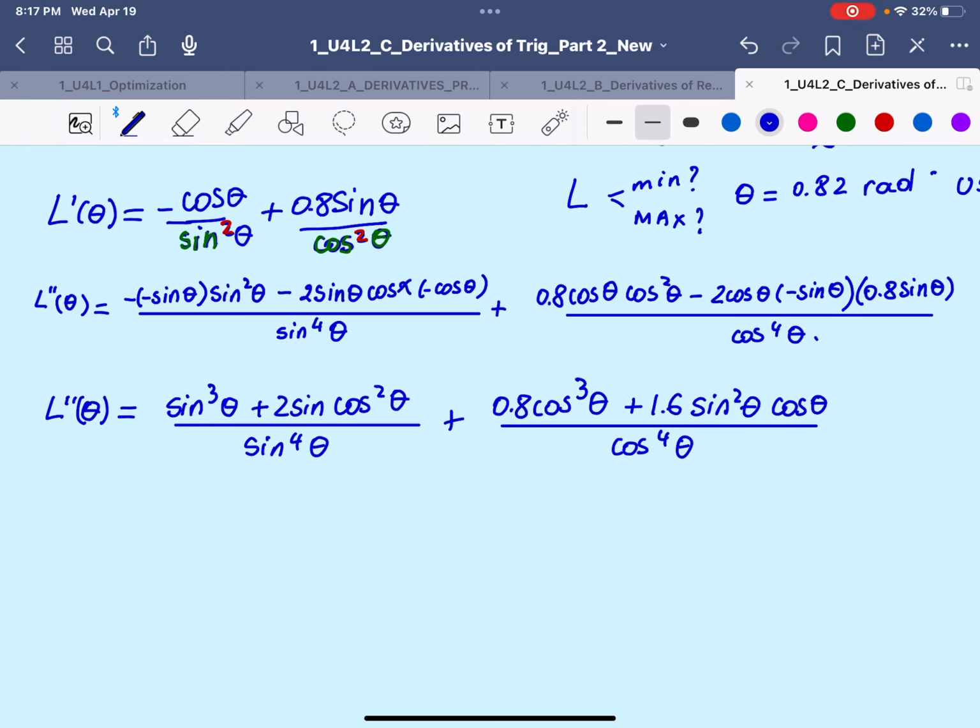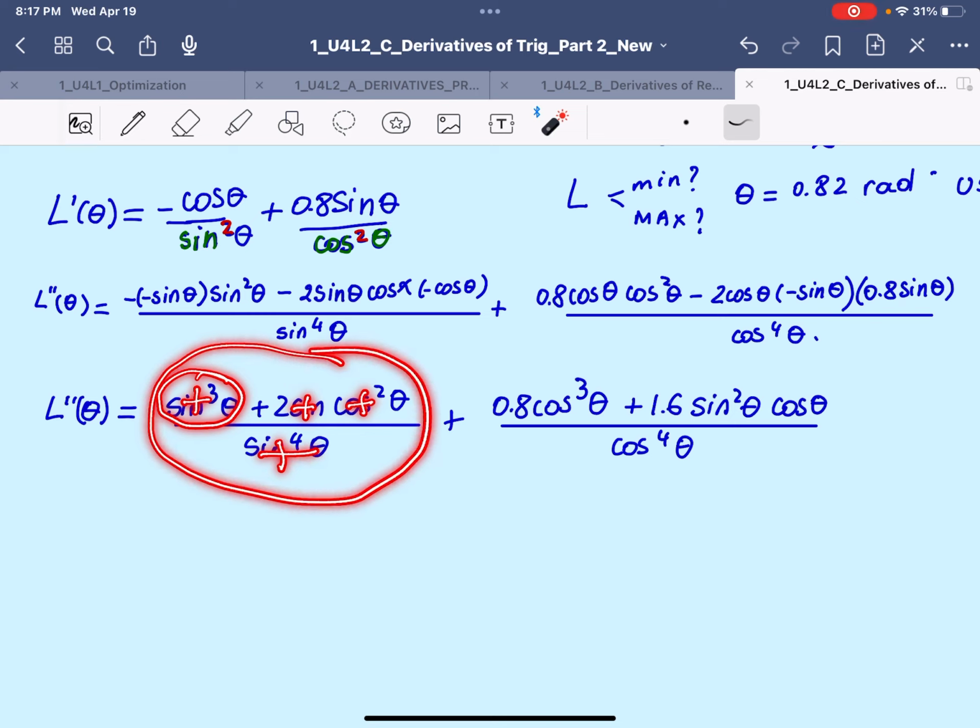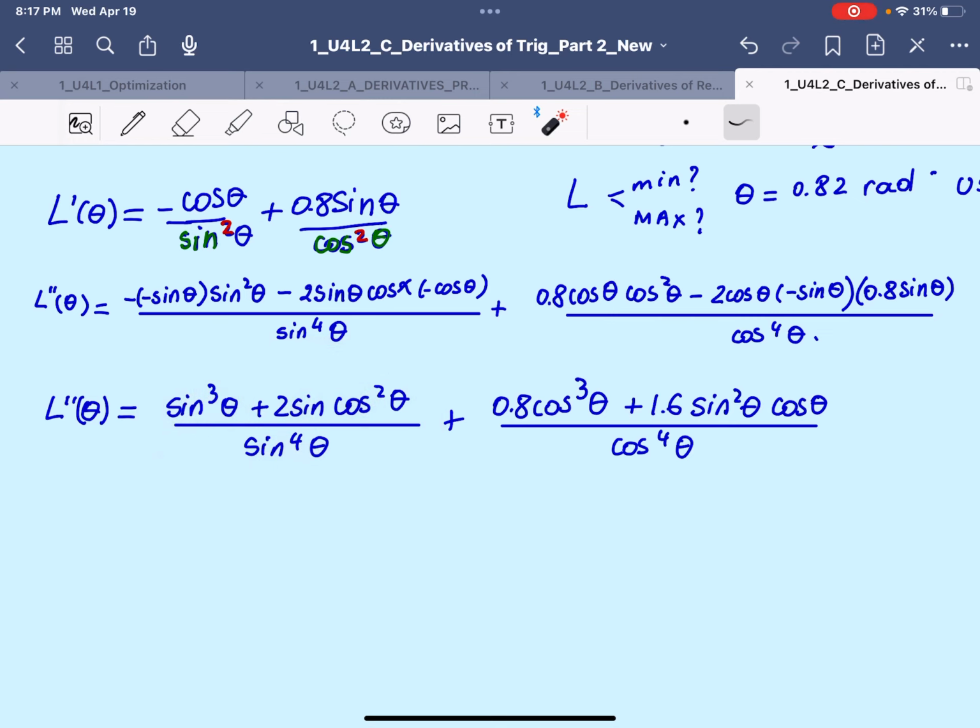So let's take a look at all these terms. Remember that theta is an acute angle. So since theta is an acute angle, the sine and cosine of an acute angle are positive. So here we have a positive number to the power of 3 plus double a positive multiplied by another positive divided by a positive. This entire fraction will have a positive value. So let's take a look at the next fraction.